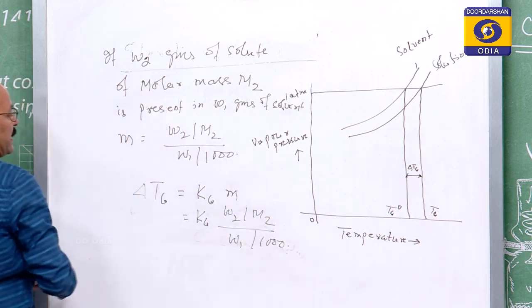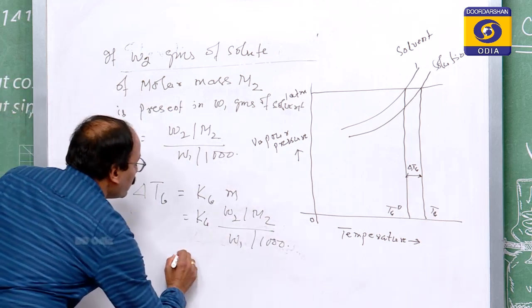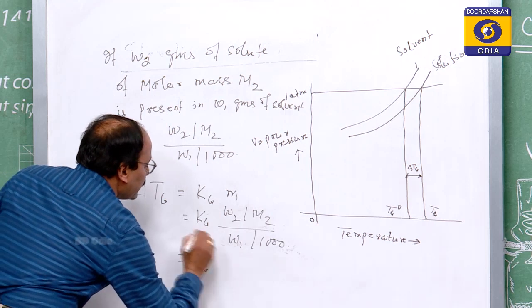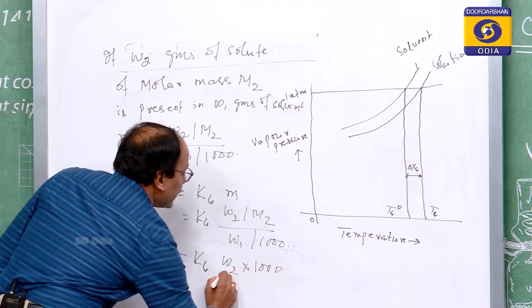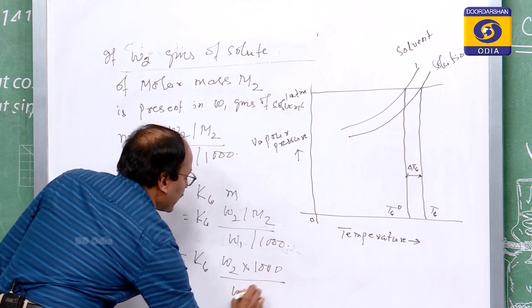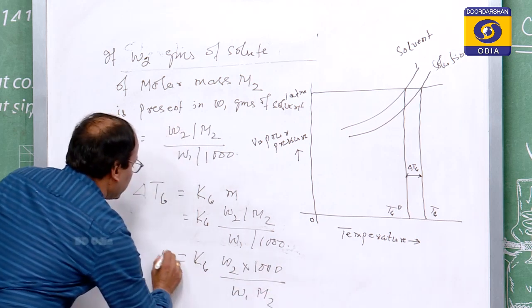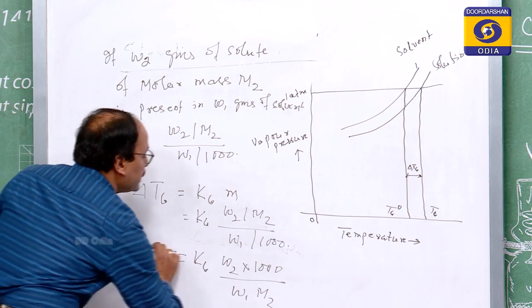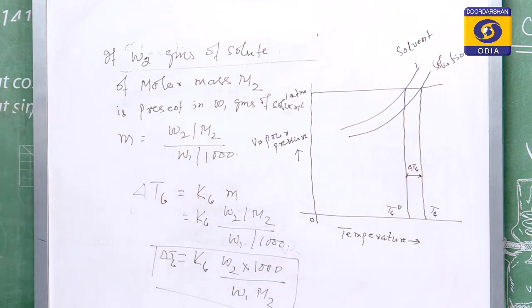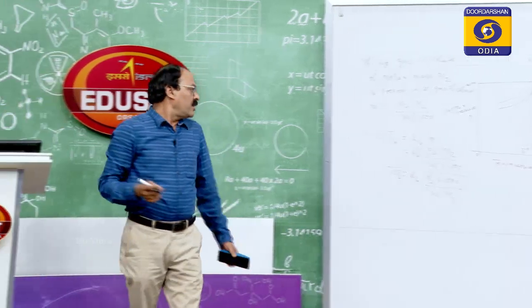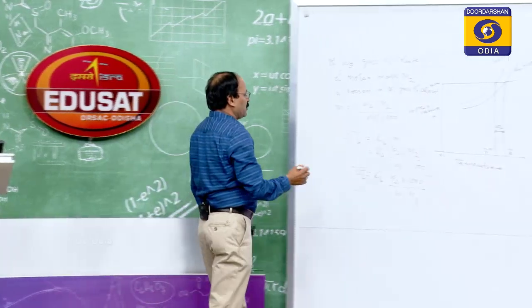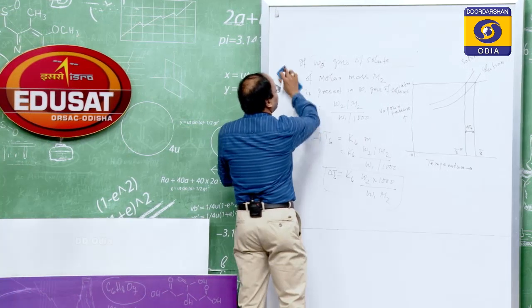Then delta Tb will be equal to Kb into W2 into 1000 divided by W1 into M2. So, this is the elevation in boiling point. From this expression, we can calculate the molecular mass of the solute. Then M2 will be equal to, how can you calculate M2?